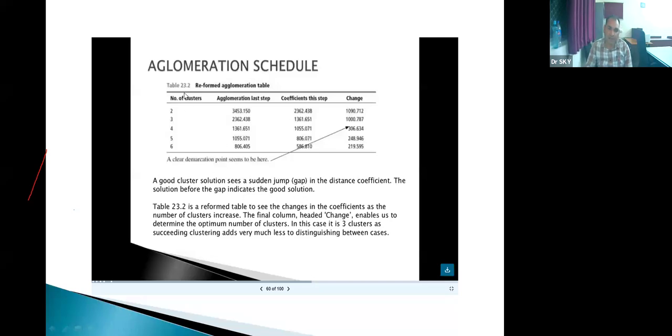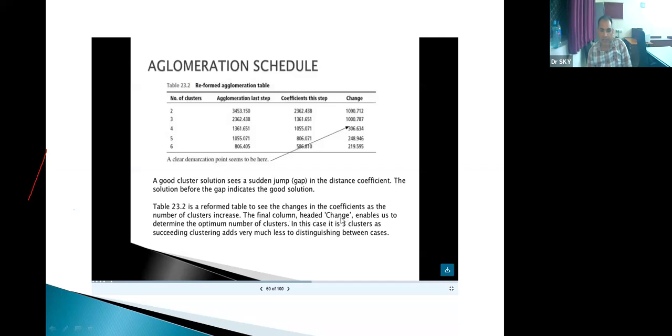Table 23.2 is a reform table to see the changes in the coefficient as the number of clusters increases. If there are 2 clusters, the change is this. If we are making 3 clusters, the change is this. Making 4 clusters, the change is this. So this is a rapid, drastic change.